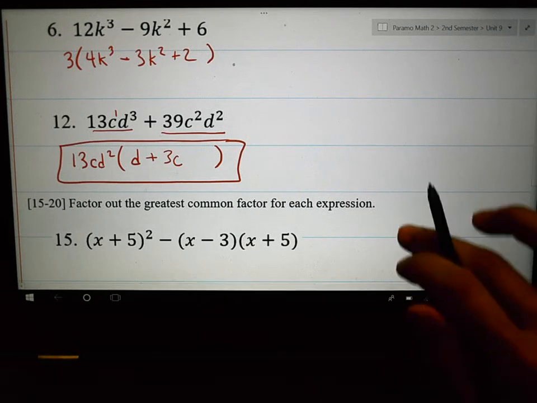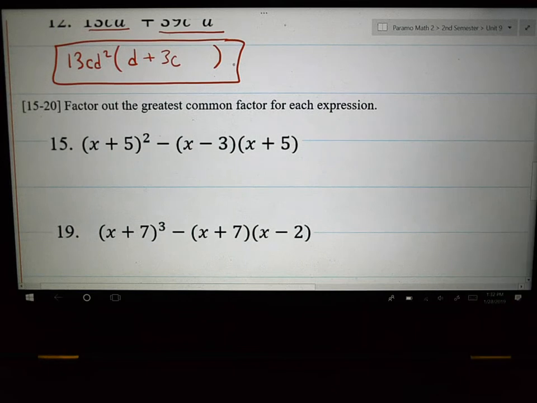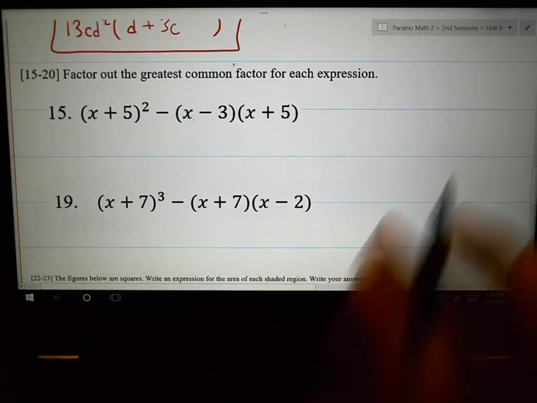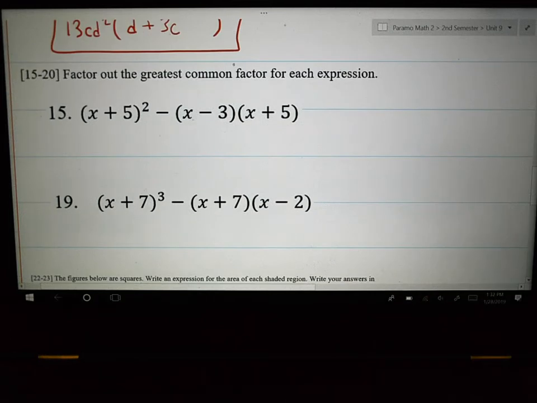So GCF factoring is just pulling out what do they have in common, what's the biggest number that goes into both. But what they're going to do then to try to confuse you is they throw in these parentheses.